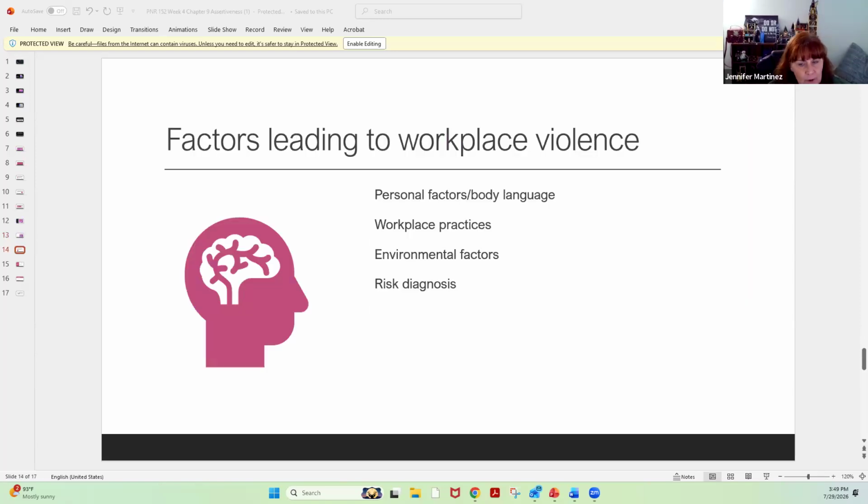More about workplace violence. Workplace violence doesn't just come from employees. It can come from outside influences as well, and there's a variety of things. But things that lead to workplace violence include personal factors: body language, communication, the nurses' attitudes and behaviors also play into this.